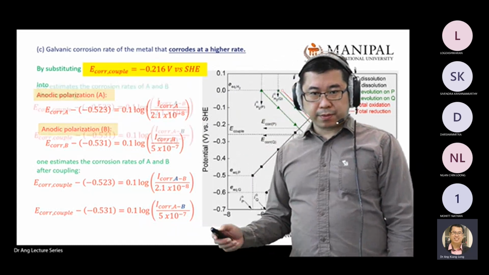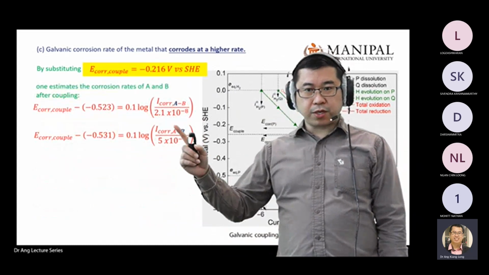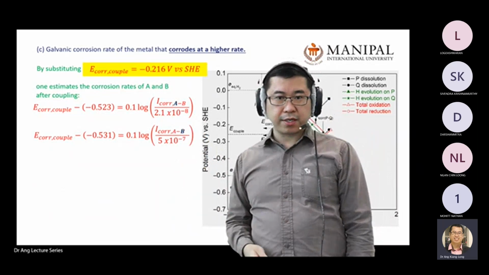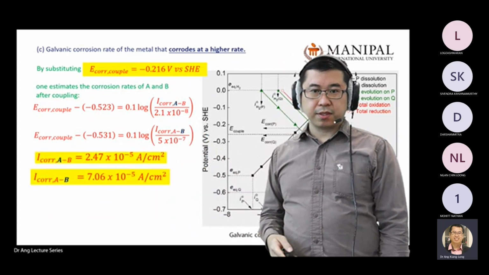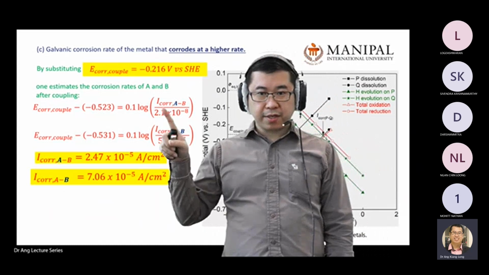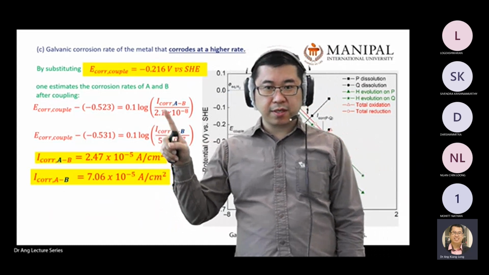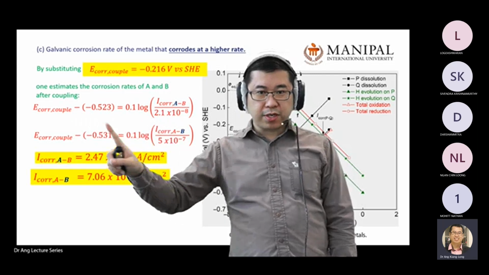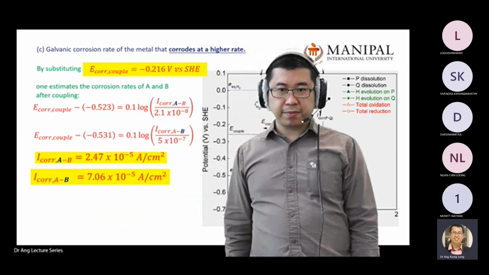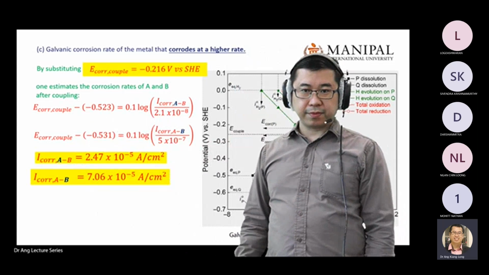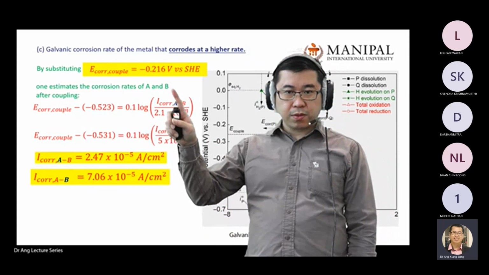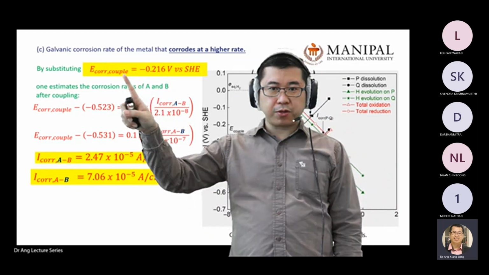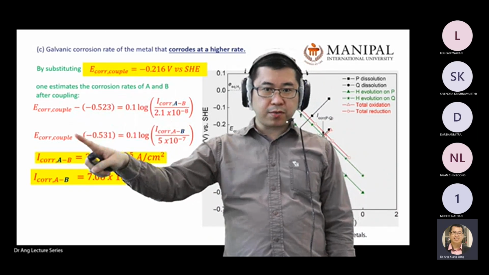Okay. Since you have two equations there, same unknown, right? So you can find, right? Two equations. This one is the same. So you are using the E corrosion coupled here. Substitute this one here, substitute this one here.